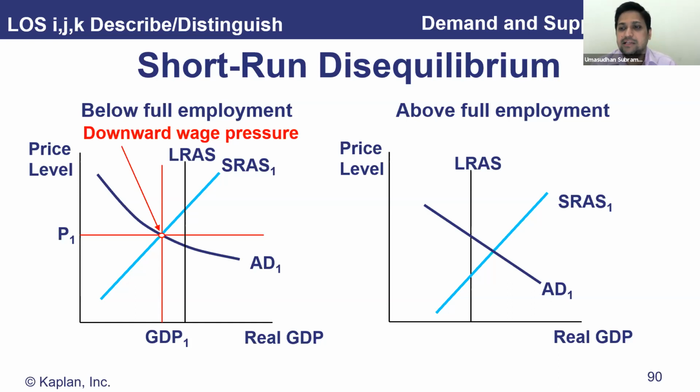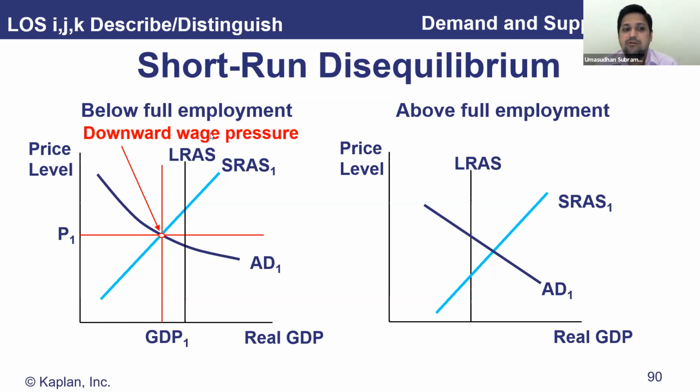Because at this level of GDP, there is unemployment, there is downward pressure on wages. To take advantage of that, companies will recruit more labor. What would happen to your short-term aggregate supply? Will it increase or decrease? In this case, this is a disequilibrium point.